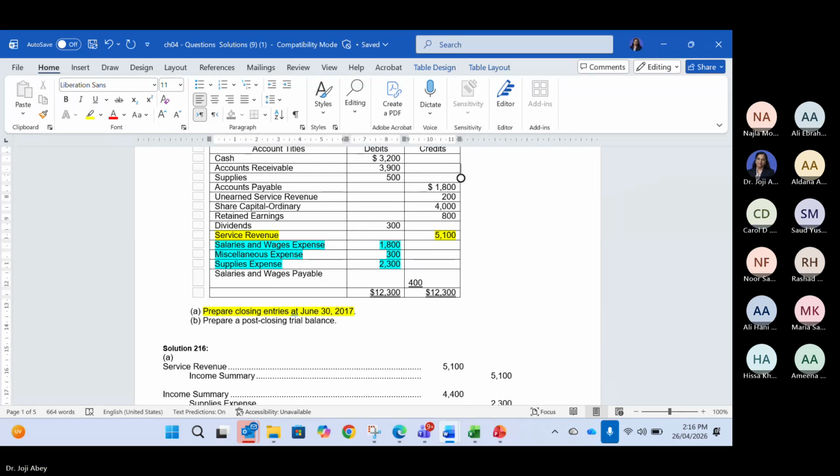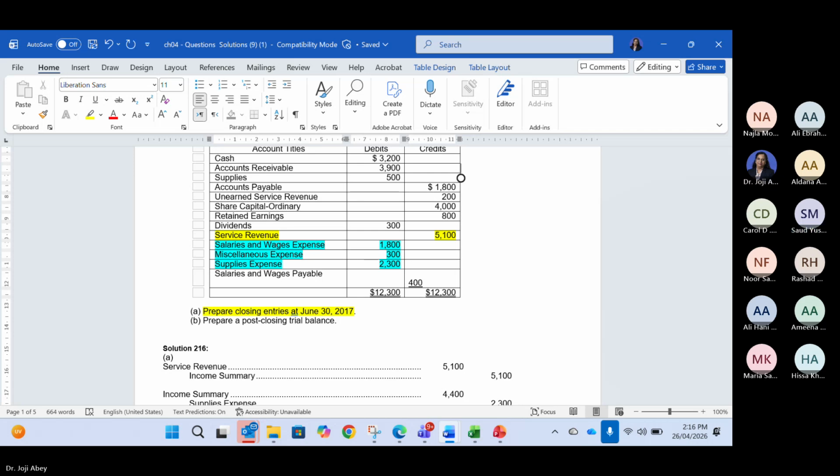Asset. Supplies. Asset. So if you people are not answering, then I need to call by names, no? Accounts payable, who can give the answer? Liabilities. Accounts payable, liability. Okay.